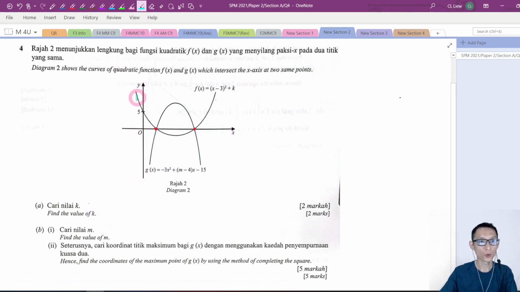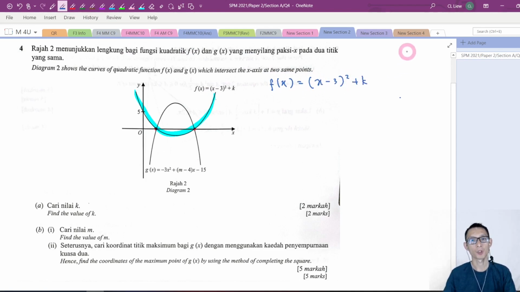Now let us focus on this. f of x is equal to x minus 3 squared plus k. We want to find the value of k. So how do we find the value of k? We can use this point. We know that the coordinate of this point is 0, 5, right?